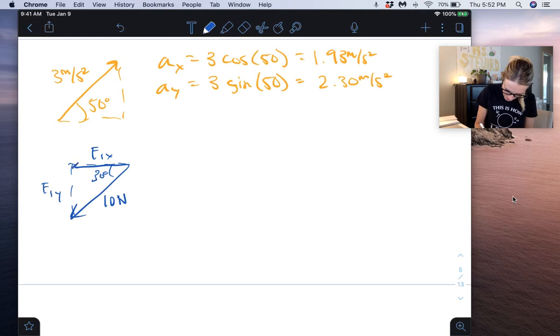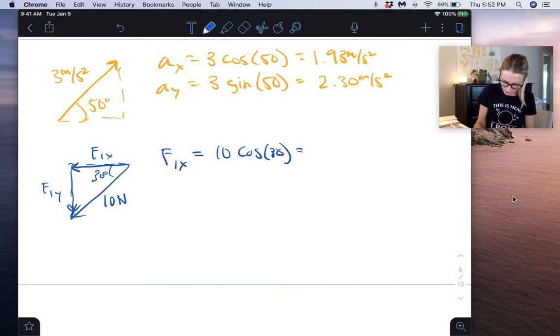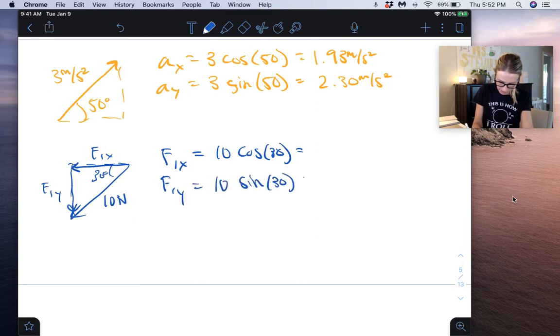Notice how these are both directed in the negative direction, so I'm going to have to put some negatives on there when I solve for these. F1x is 10 times the cosine of 30, and F1y is 10 times the sine of 30.